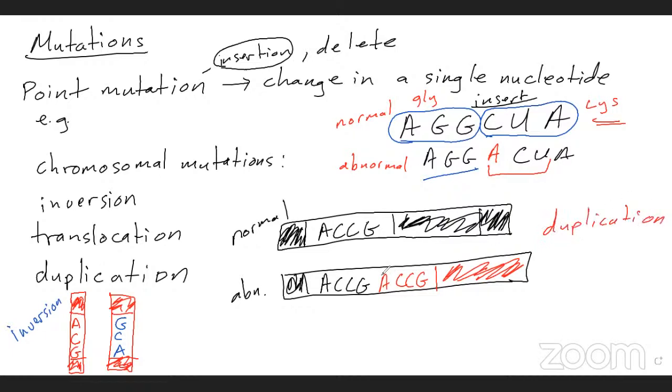With duplication, you're just duplicating a specific portion. Inversion, you're flipping it. Deletion, you remove something. Insertion, you add something. Translocation, we're going to remove it and put it somewhere else.